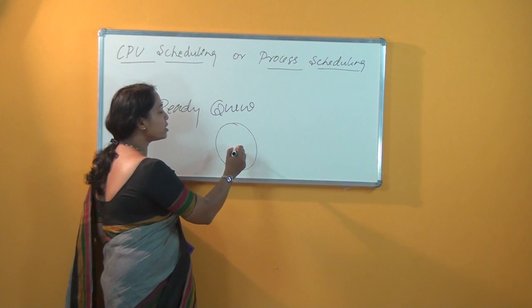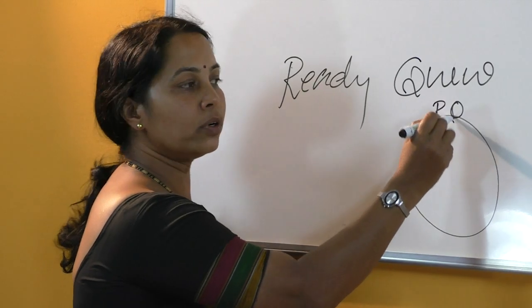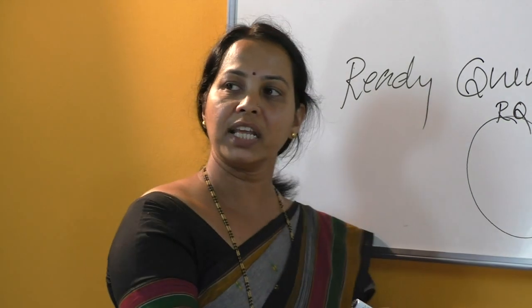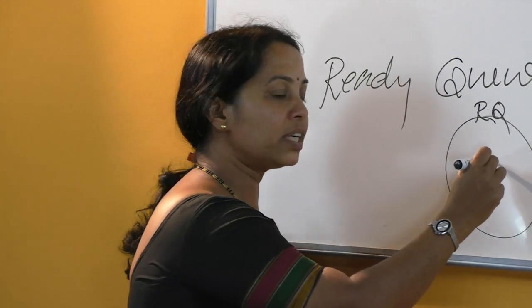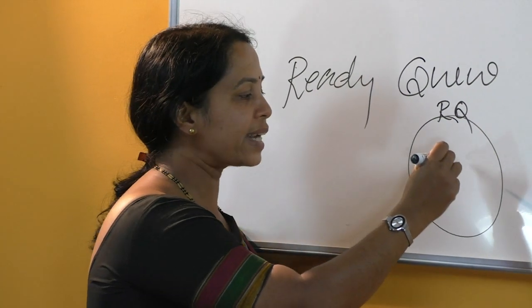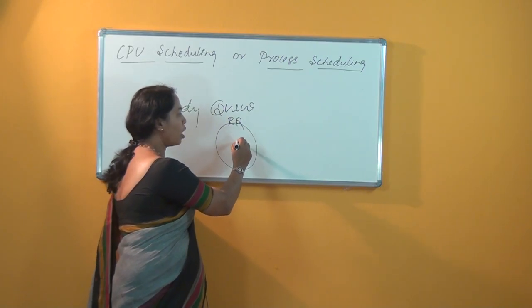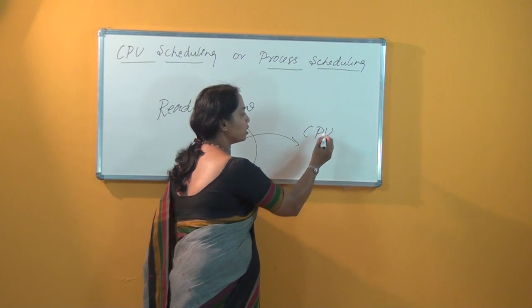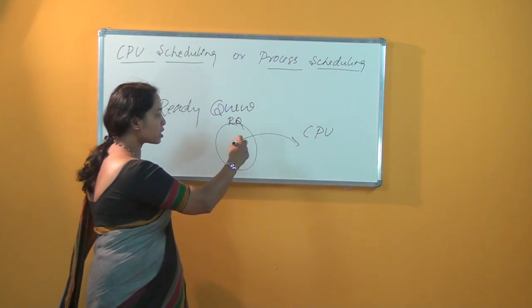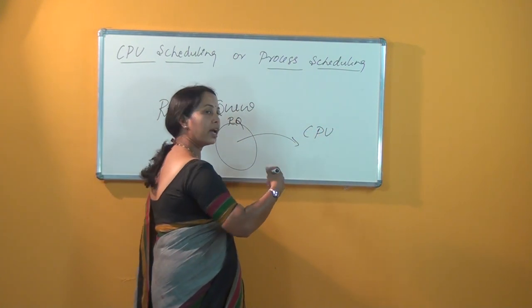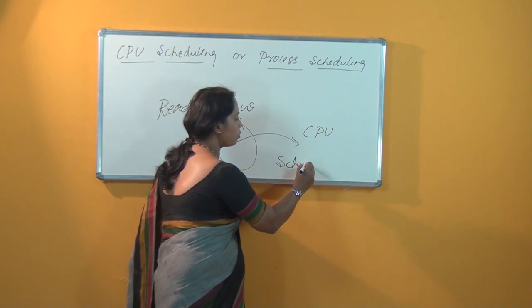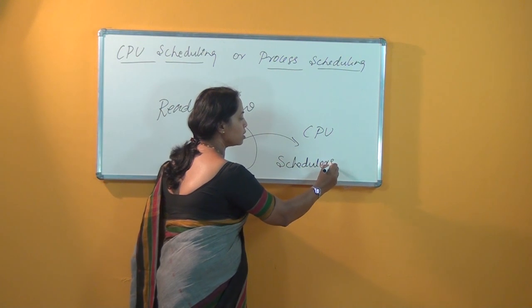It waits in the ready queue to get the processor. When the processor is available, one of the tasks or processes is selected from this ready queue and given to the CPU for execution. This process is called scheduling, and it is done by schedulers.